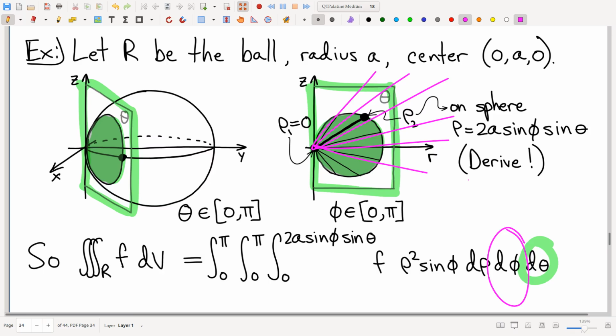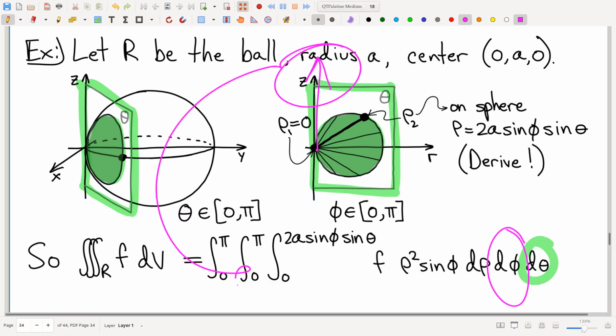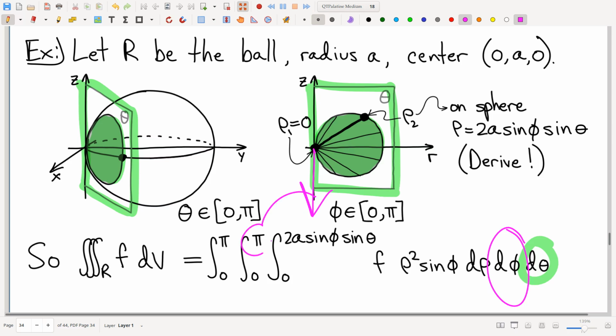And so being tangent like so, the first slice is going to be straight up, where phi is 0. And then the last slice will be straight down, where phi is pi.